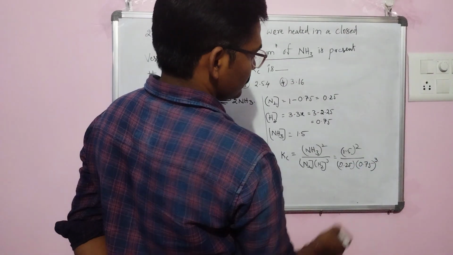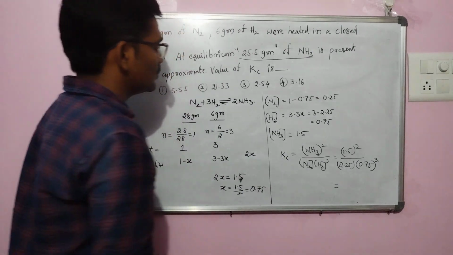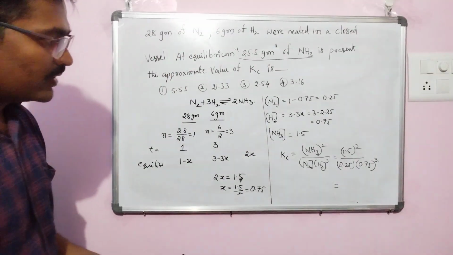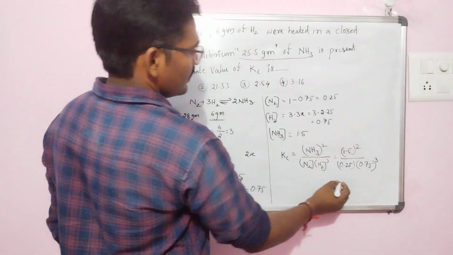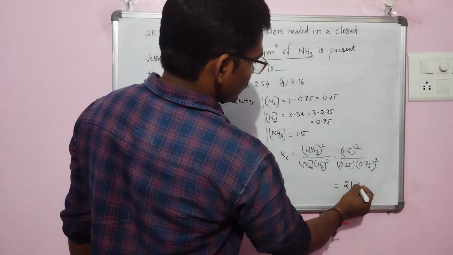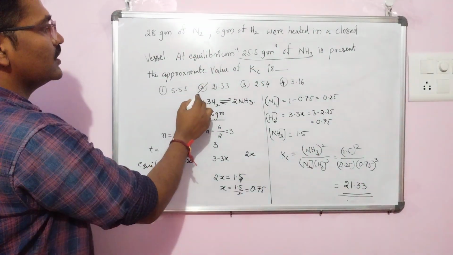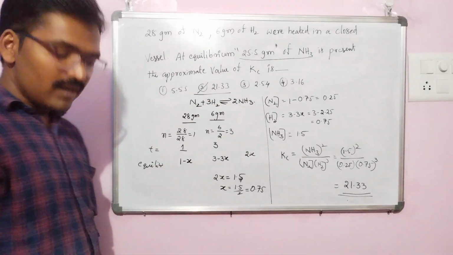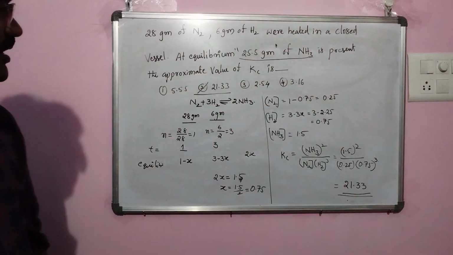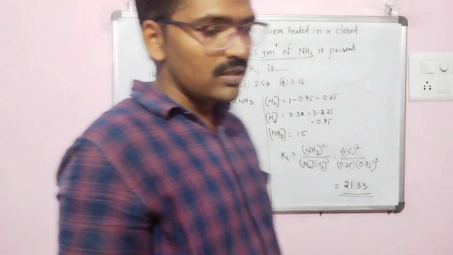If you substitute all these values, you finally get the answer, 21.33. So 21.33 is the answer. Understand? I hope you understand. Then note it. Next question we will do.